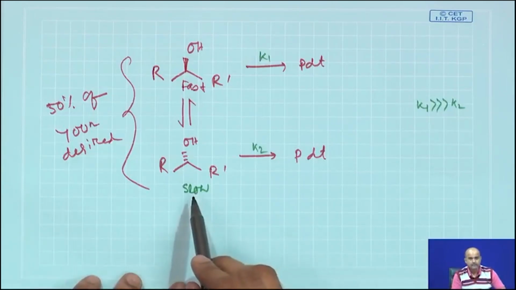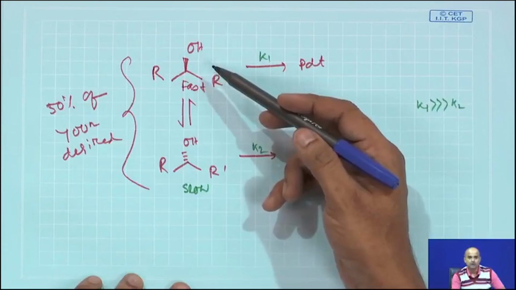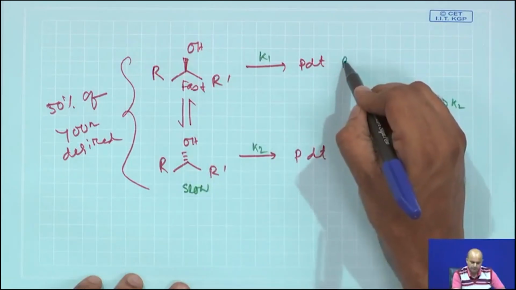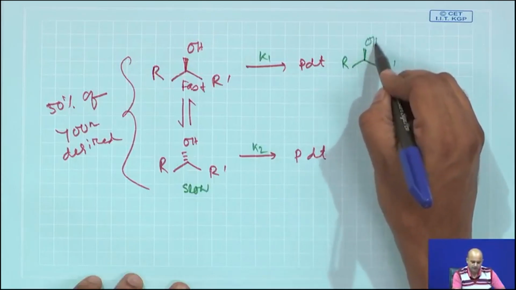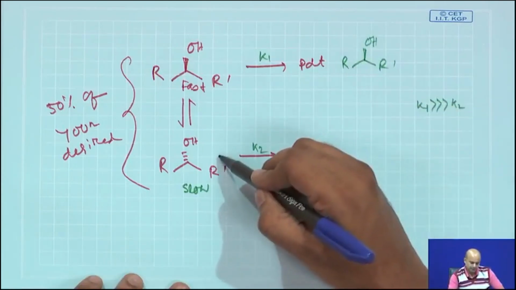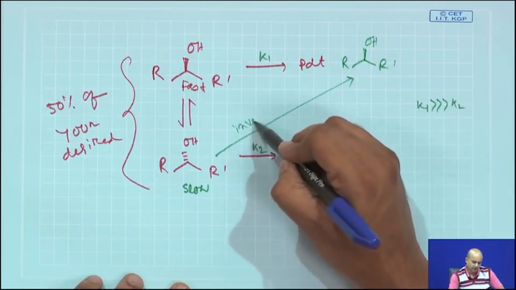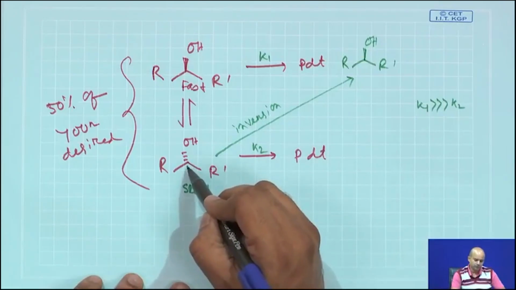Now, if there is a possibility that the slow reacting enantiomer can be converted to the fast reacting enantiomer through some stereo inversion, then it is possible that you get your 50% particular product starting from this fast reacting enantiomer. Okay, that is done. Then the slow reacting enantiomer, if you can do some inversion at this stereogenic center, this is also possible.